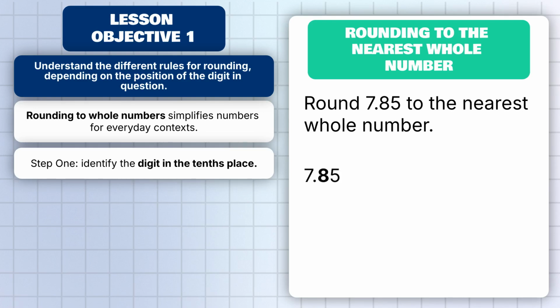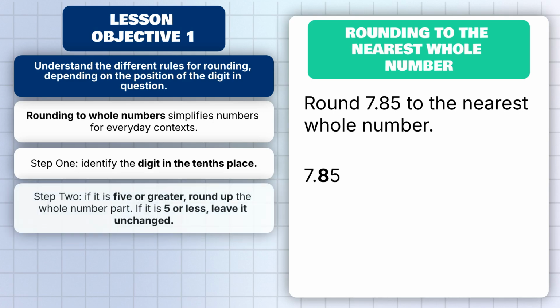In this case, ours is 8. Then, if this digit is 5 or greater, we round up the unit place. Here, our 7 becomes 8. If the tenths place is less than 5, then we leave the units part unchanged. Therefore, 7.85, rounded to the nearest whole number, is 8.